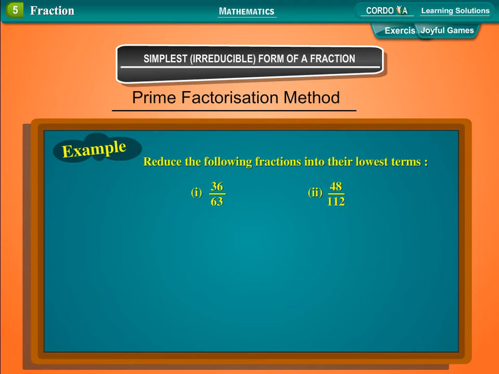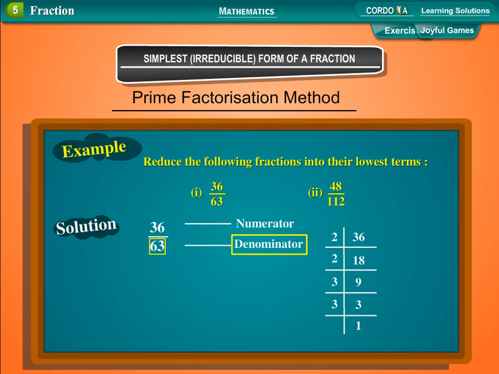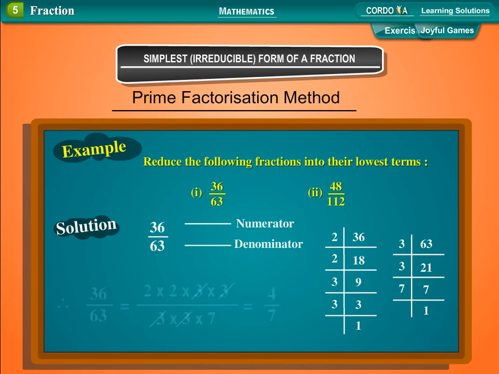Example: reduce the following fractions into their lowest terms: 36 upon 63, 48 upon 112. Solution: given fraction is 36 upon 63. Numerator is equal to 36. 36 is equal to 2 into 2 into 3 into 3. Denominator equals 63. 63 is equal to 3 into 3 into 7.